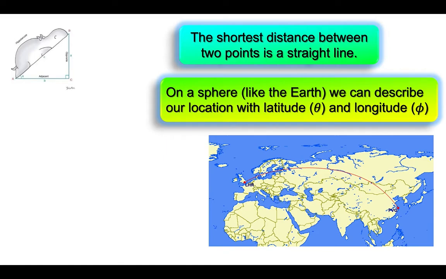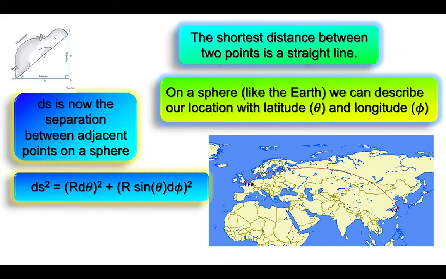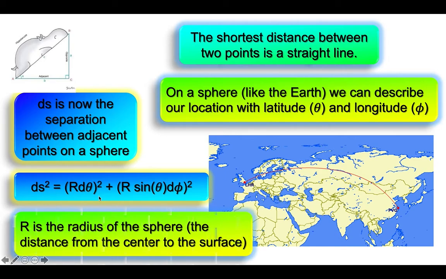If we're traveling on a sphere, we could describe our location with latitude and longitude. And the separation between nearby points on a sphere is going to look something like this. We have some term that talks about a slight change in latitude. We have a term that talks about some small change in longitude. So the separation between two very nearby points is going to look something like this.